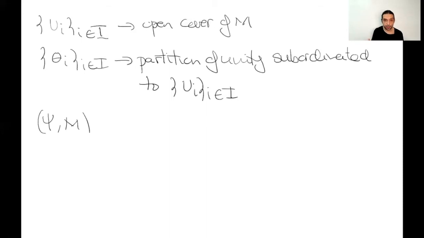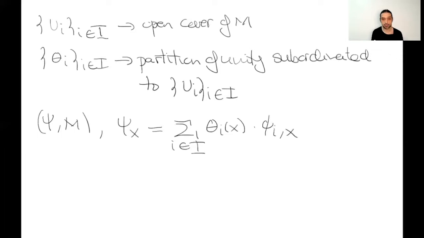Now, we are going to define our chart psi M. The chart has to be defined in the whole manifold. And so we have to define an isomorphism psi x for every x in M between the fiber Ex and R. And this isomorphism is going to be the sum for all indexes of theta i at the point x times phi ix.